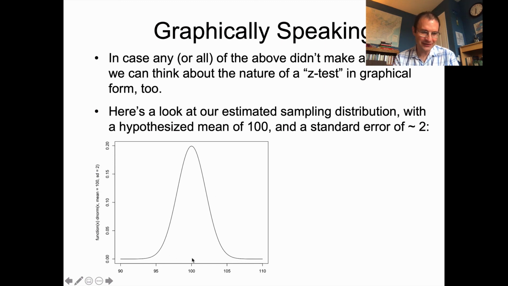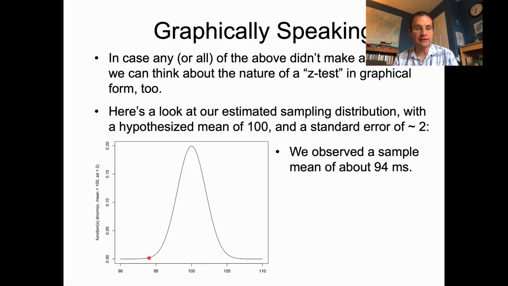The mean of this normal distribution, which the sampling distribution should be if our n is large enough, is centered around 100, and most of it falls within 95 to 105. And remember that the mean we got for our sample was 94. So it's low down here on the left tail of the sampling distribution.